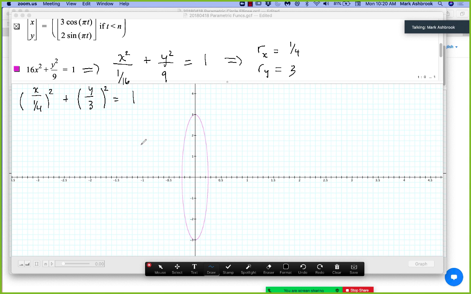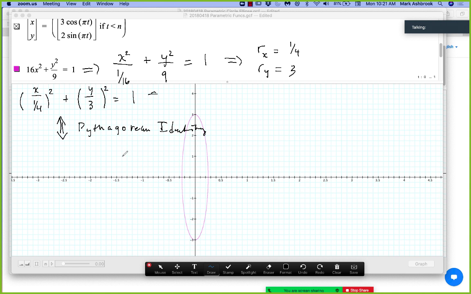And then what are we looking at here? What does that look like? Again, the bridge between these equations of x and y for circles and ellipses and our parametric function is the Pythagorean identity.